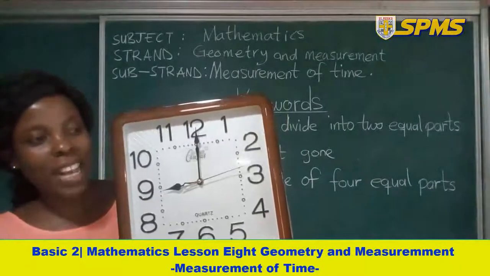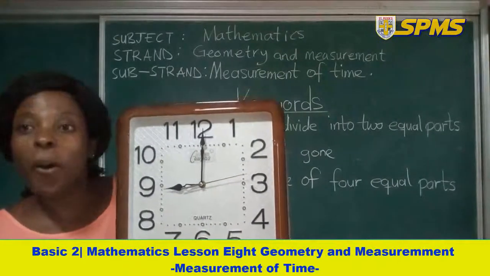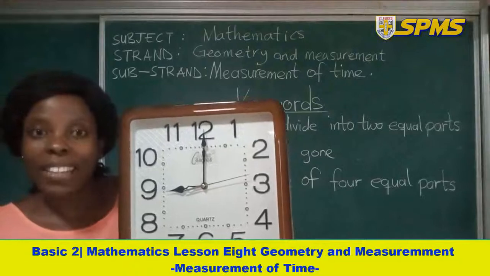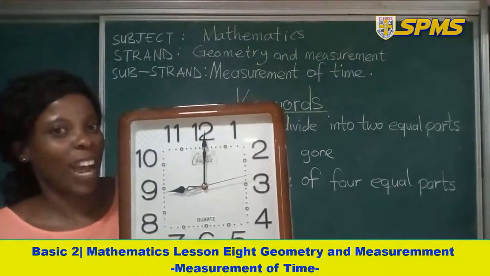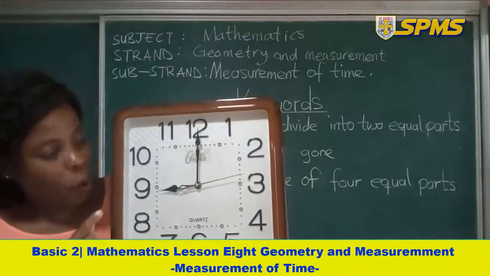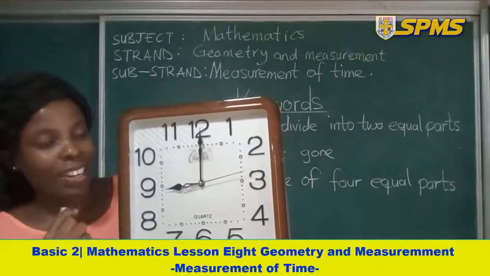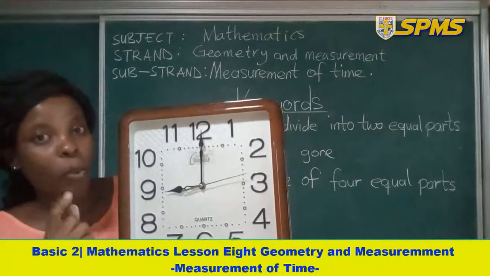So what says the time? The time is 9 o'clock. Why? It is because the hour hand is on 9 and the minute hand is on 12. Hope you can write it as well.